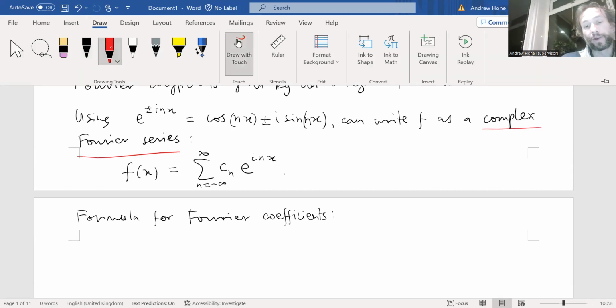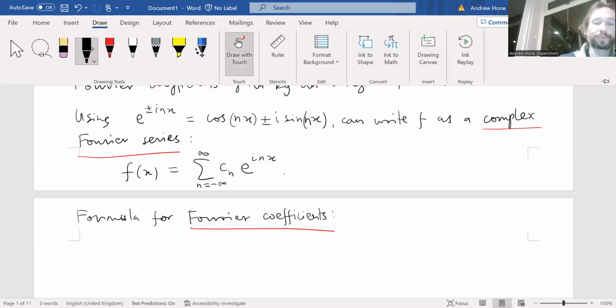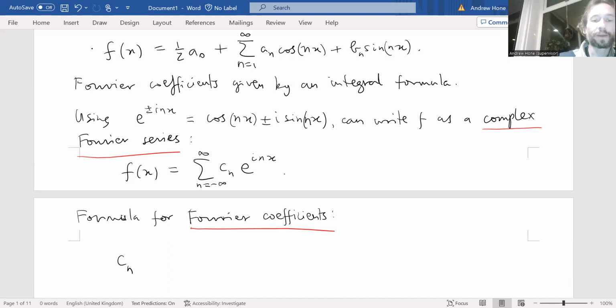Whereas when you write it with cosines and sines, you have to write the a n and b n, a separate formula for cosines and sines. So if you work with this complex version, then you just have a nice, simple formula for the coefficients, which is you take f of x e to the minus i n x dx.